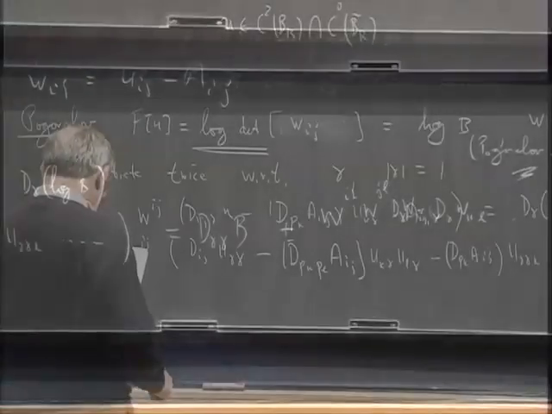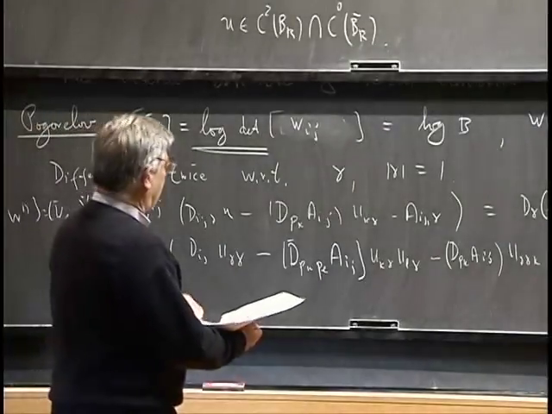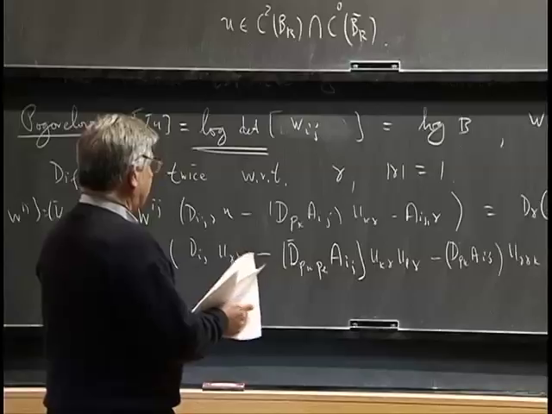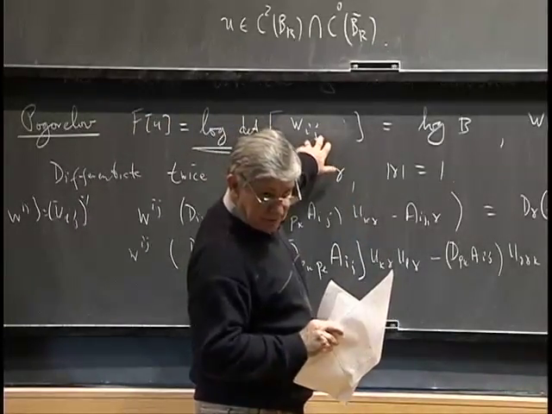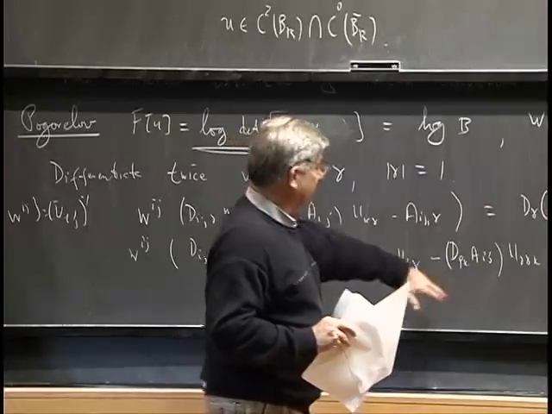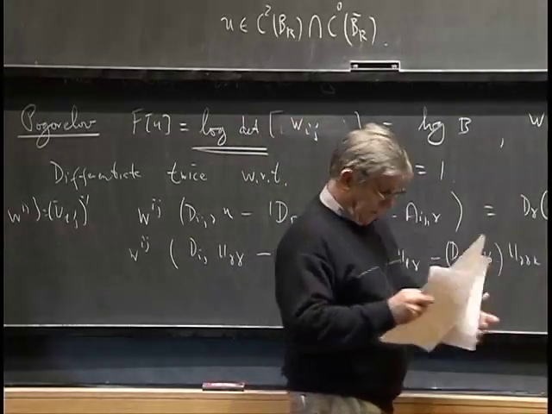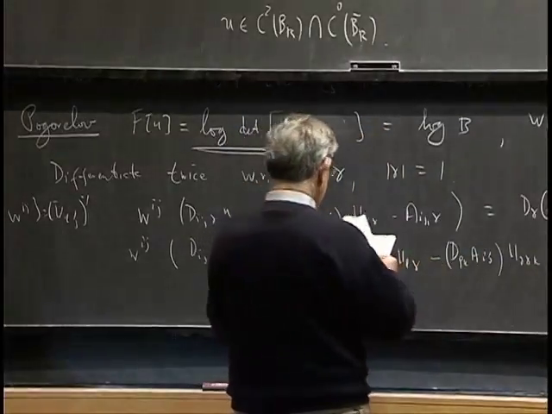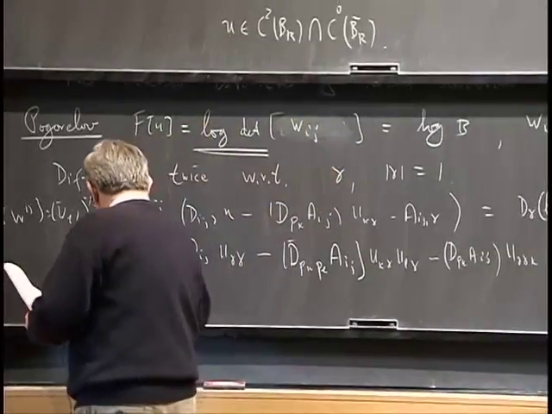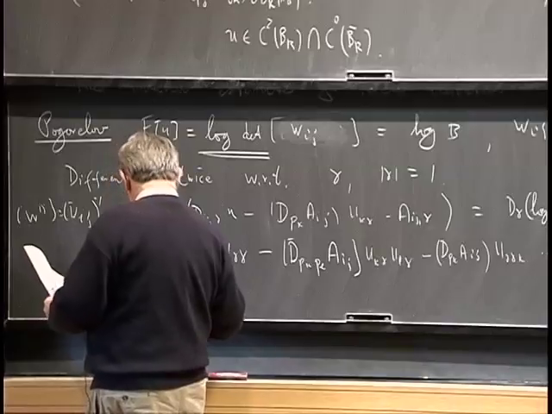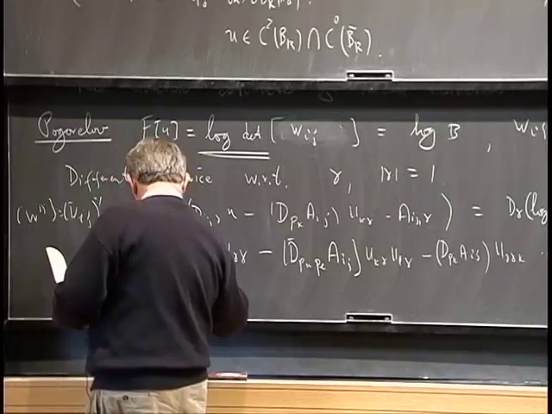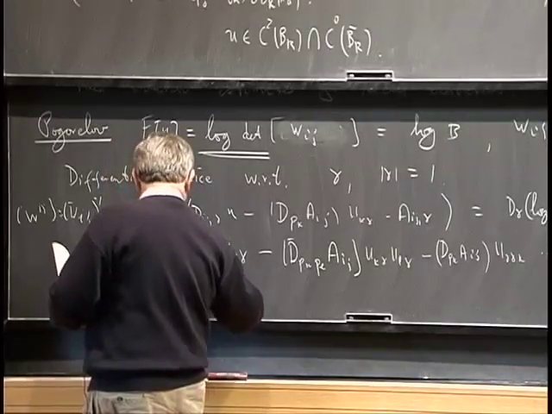Okay, and let's just rewrite this a bit. I've got Hessians here, but my equation is in terms of these W's, so we can switch to the W's and get more of these dots. So let's write this in terms of W's. This will be a W^ij, and then we're going to have a D_ij W gamma gamma.